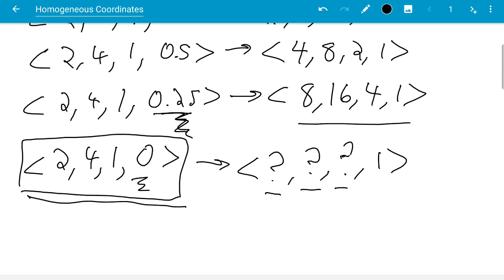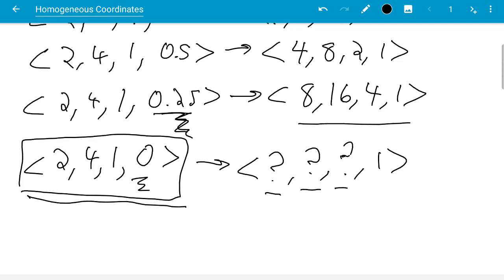That means we can talk about vanishing points. We can have all of these lines that kind of tend toward infinity, and we can have objects fade off into the distance. This is a perspective projection that I'm talking about. So this is just not at all possible with 3 coordinates.